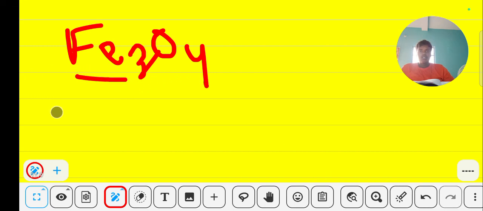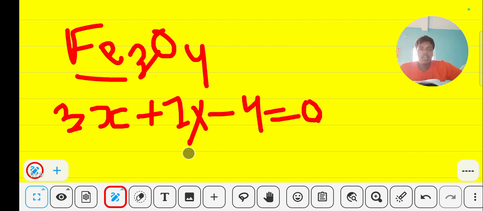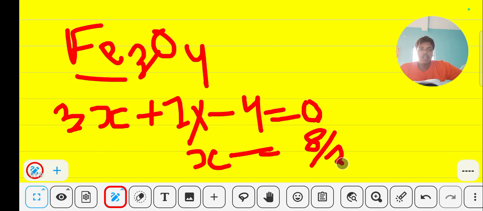So it is 3x, and here x will come 8 by 3. As you know, this is not a charge. Whenever it is an average oxidation number, and such a problem comes, we have to draw its structure and calculate it. So let's get started with some structures.